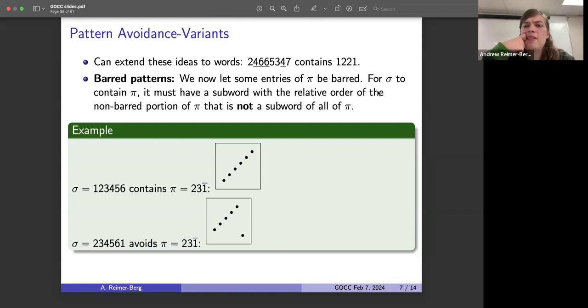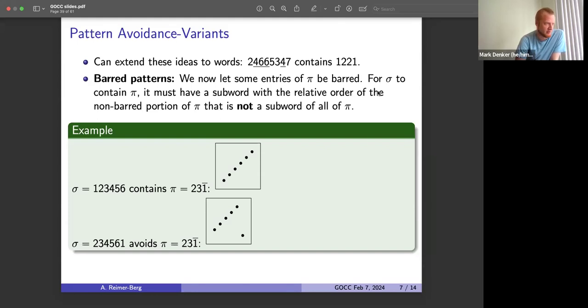I've only actually needed this where there's only one bar in your pattern. I don't actually know if it's an and or an or condition. I don't know if the definition at the top of the slide is paraphrased, but from the definition at the top, it would indicate that you just forget all the bars and you check it is 1, 2, 3.